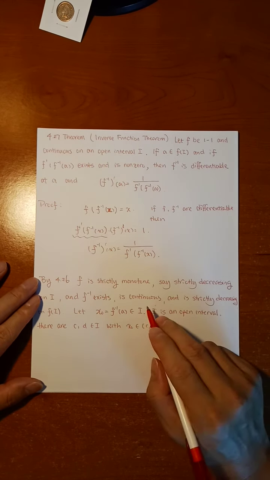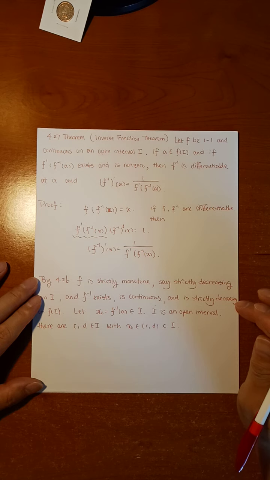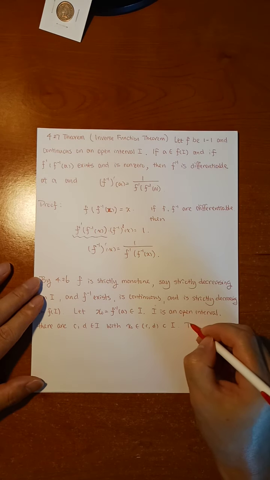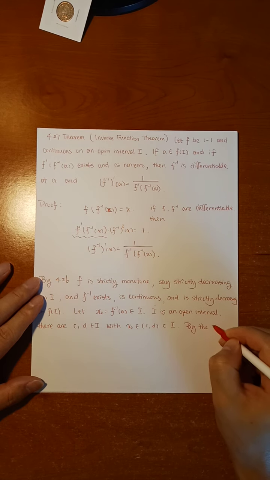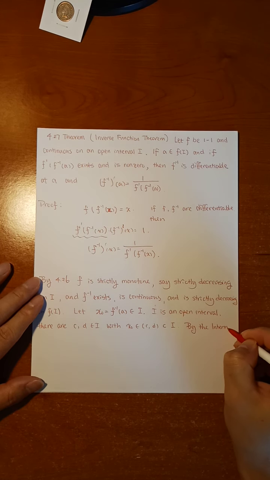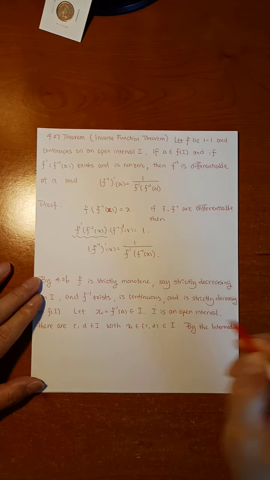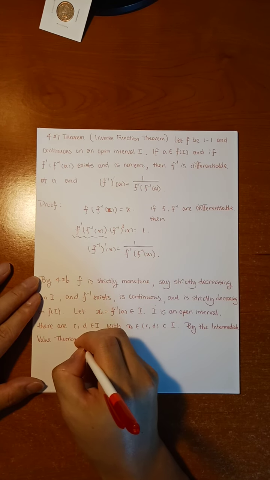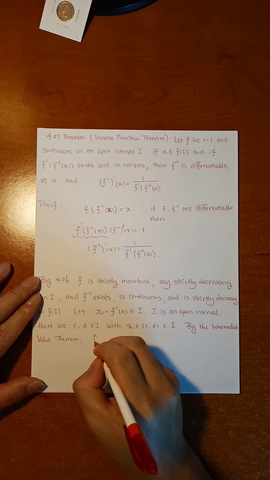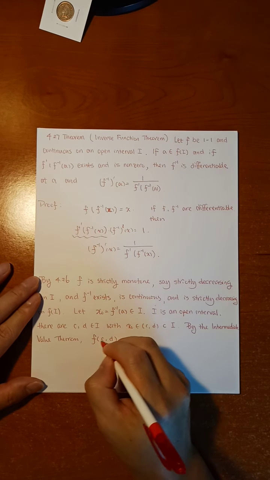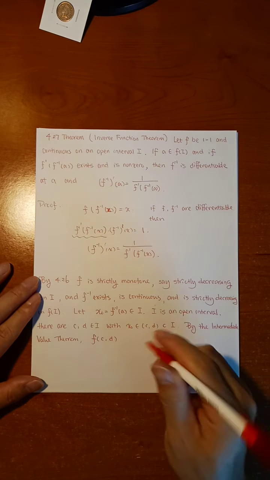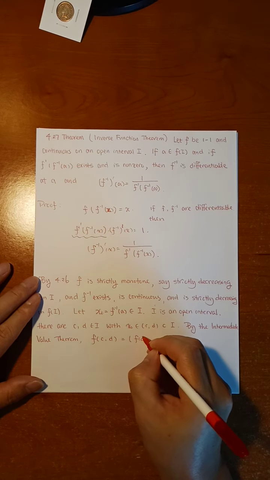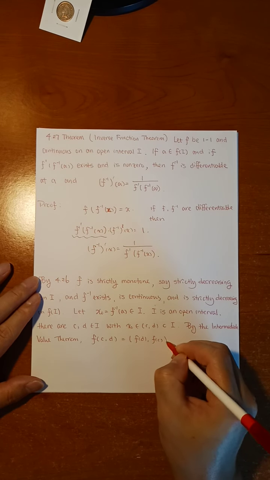So there's a small open interval containing x0. And we know that f is a monotone continuous function. So by the intermediate value theorem, we can see that f of (c, d), the image of this open interval, is equal to (f(d), f(c)).